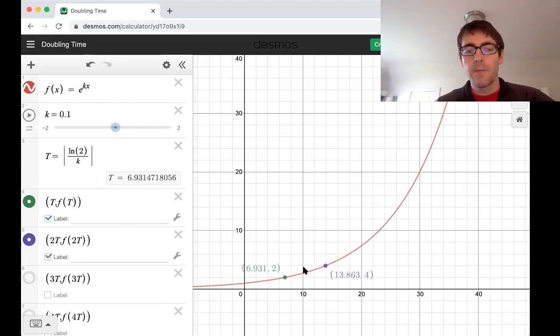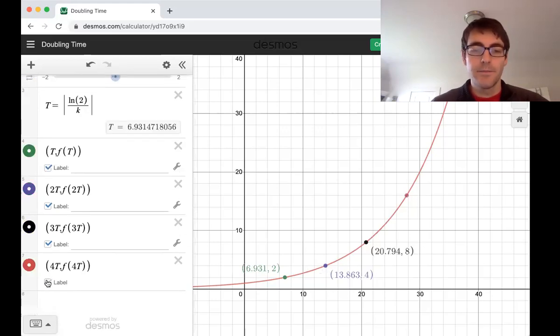Our original point is (0, 1). If we wait 6.931 time units, that's going to mean that our total amount has doubled. And if we wait another 7 minutes, it's doubled again. Another 7 minutes, it doubles again to 8, etc.